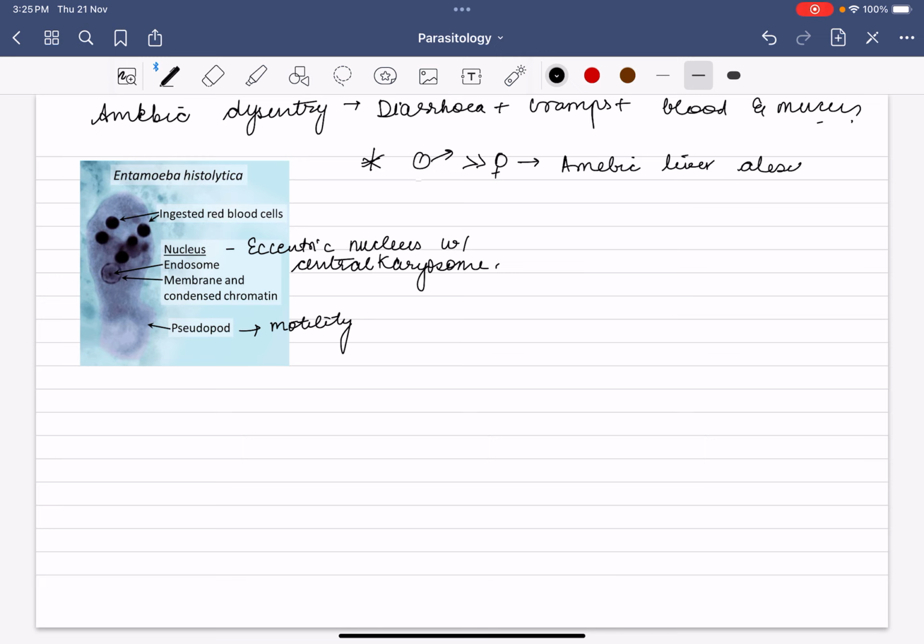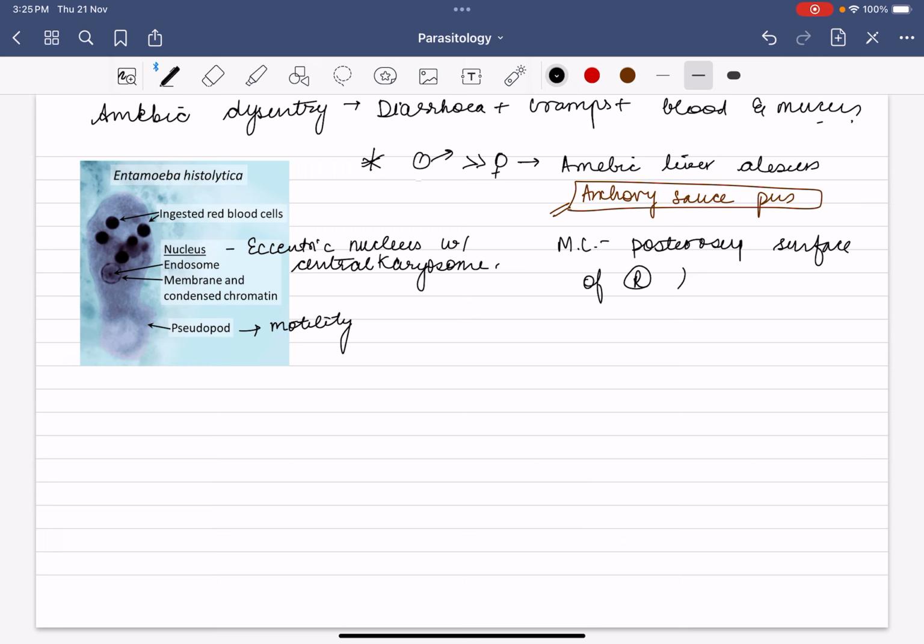The key point about it is the anchovy-sauce appearance of the pus. It's an anchovy-sauce-like looking pus in this condition. What's the most common site for it? Most common site is the posterior superior surface of the right lobe of the liver.